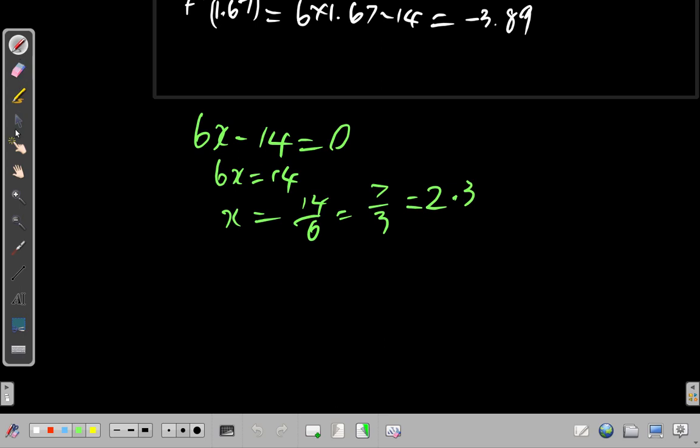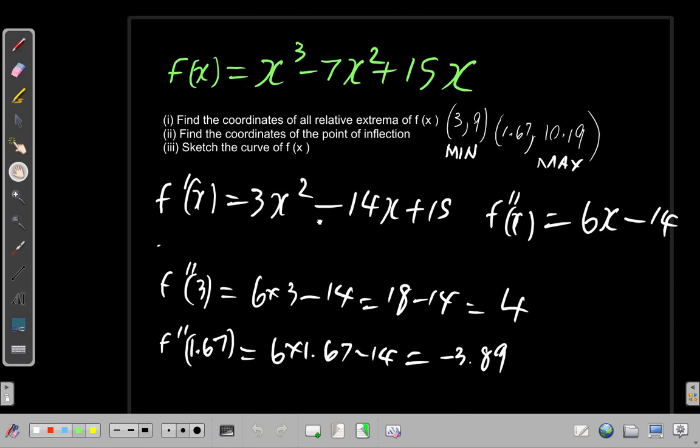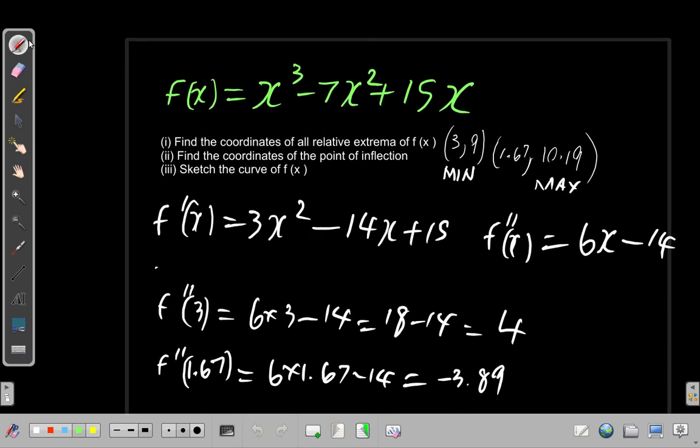Alright, we have to look back at the original function. If x equals 0, f of 0 will be, when x is 0, that's the y axis. Where will it pass and cut the y axis when x is 0? Or the f of x axis, right?